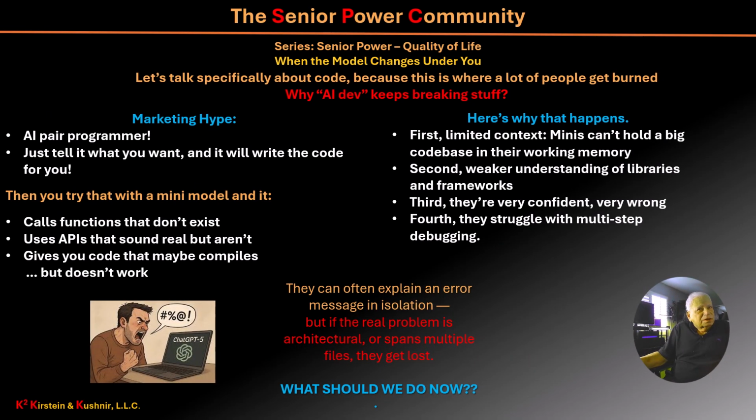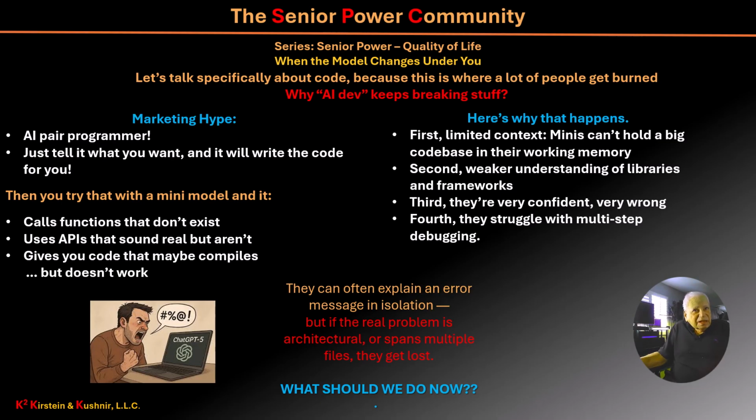Minis and code, or why your AI dev keeps breaking stuff. Now let's talk specifically about code, because this is where a lot of people truly get burned. I am a victim. You've probably seen the marketing. AI pair programmer.